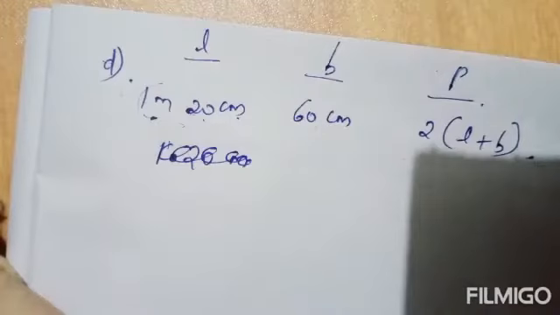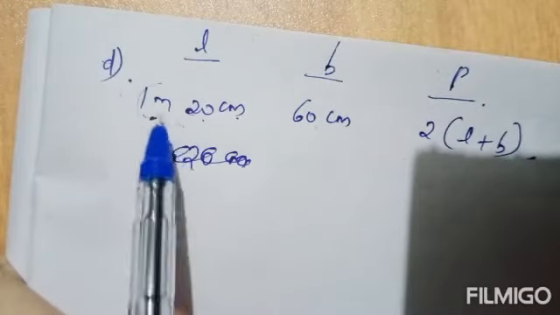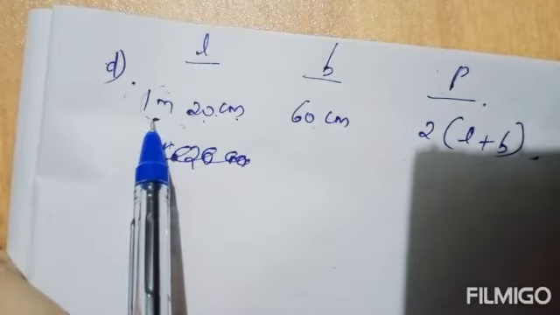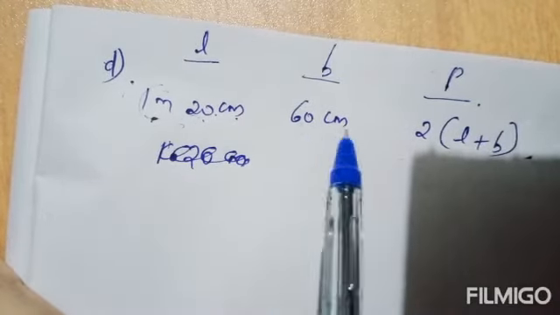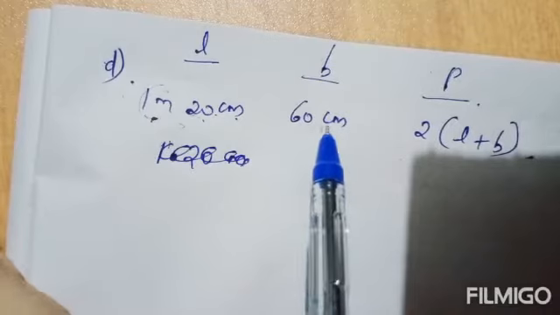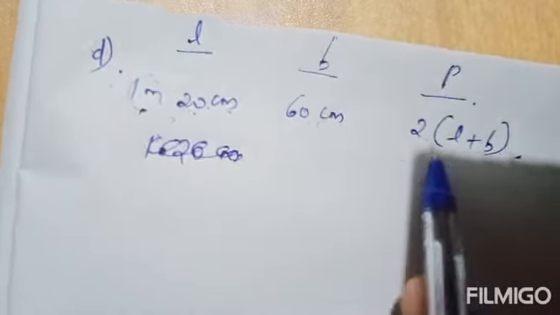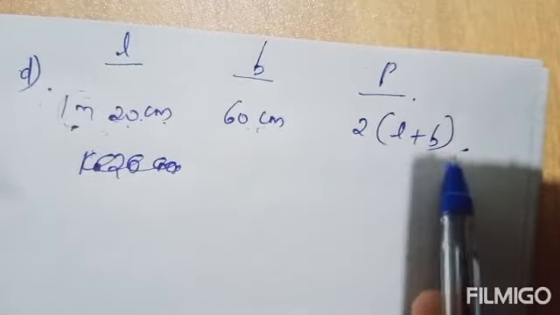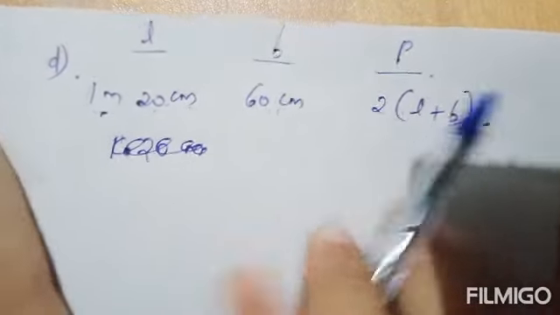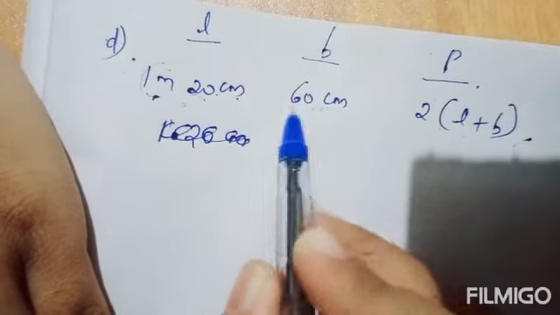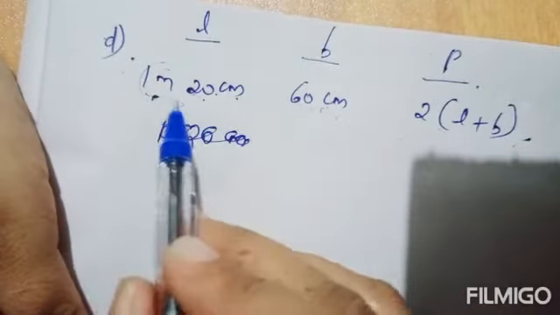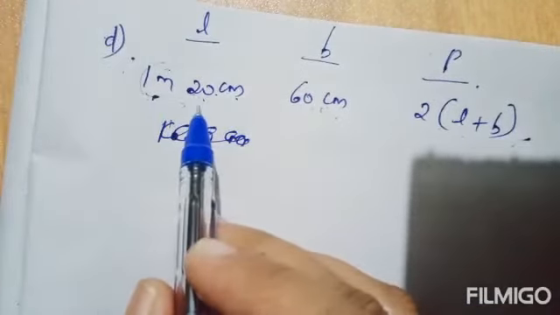Okay. Now in that D, 1 meter 20 centimeter. This is the length and breadth it is 60 centimeter. So you know how to find the perimeter of rectangle. The formula it is 2 into L plus B. Okay. Now here breadth is given in centimeter, length is given in meter and centimeter.